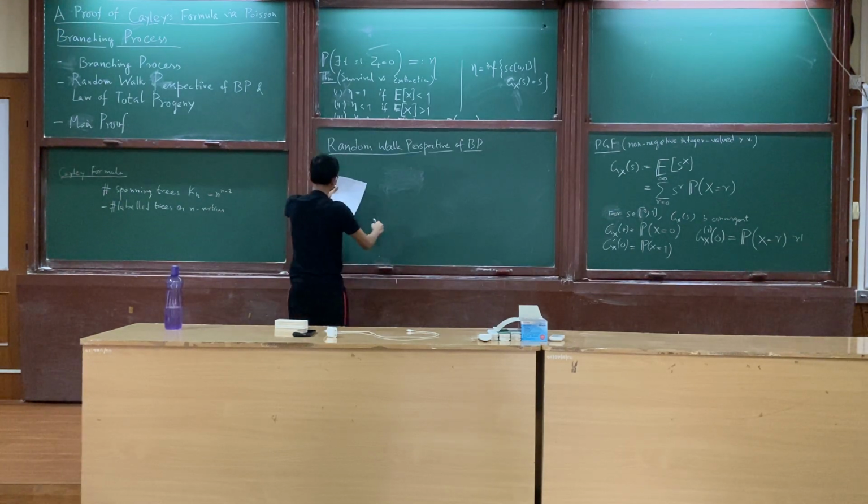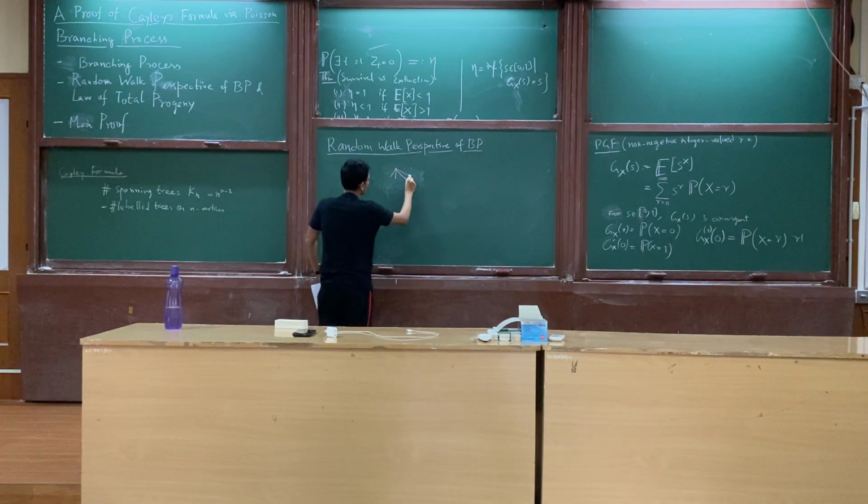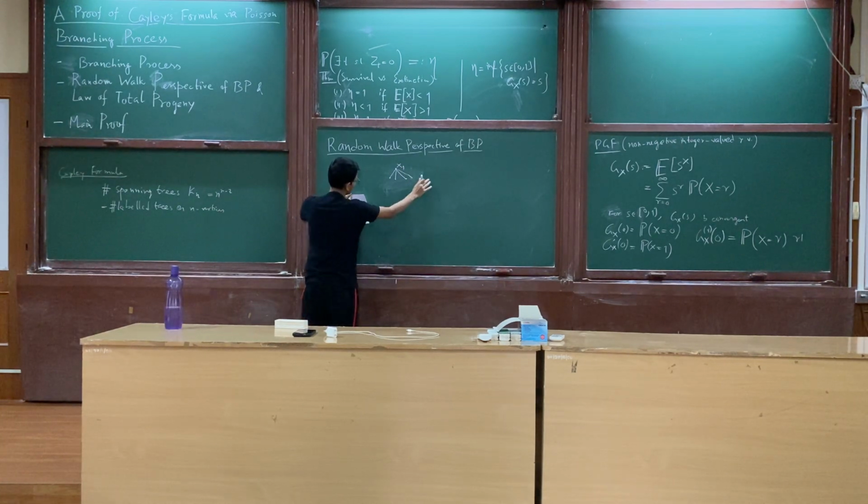Okay. So let's say at first we have one particle, then it generates a random number of particles, and this number gives this X1. Now we choose any of these, and this particle generates other particles, and then we choose any of these leaves, they generate some other particles.